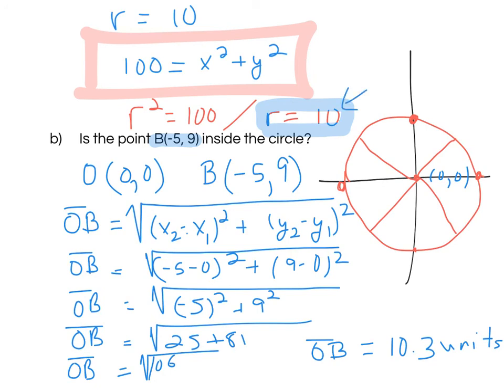So what this is telling me is that since the distance from O to B is longer than the radius, the answer to my question, is the point inside the circle, is no, it's not. It's going to be outside the circle, and that is because the length of OB is longer than my radius.